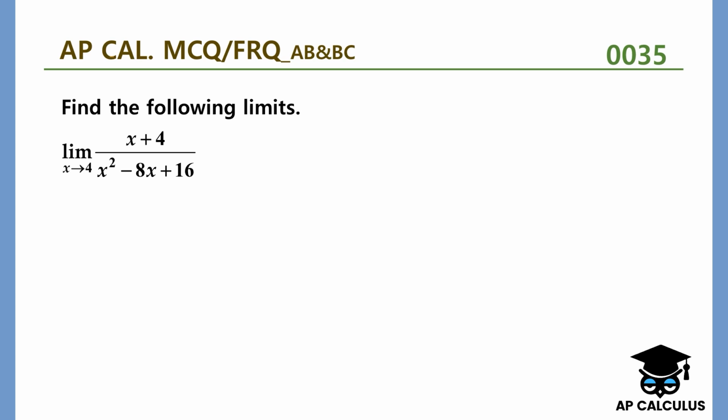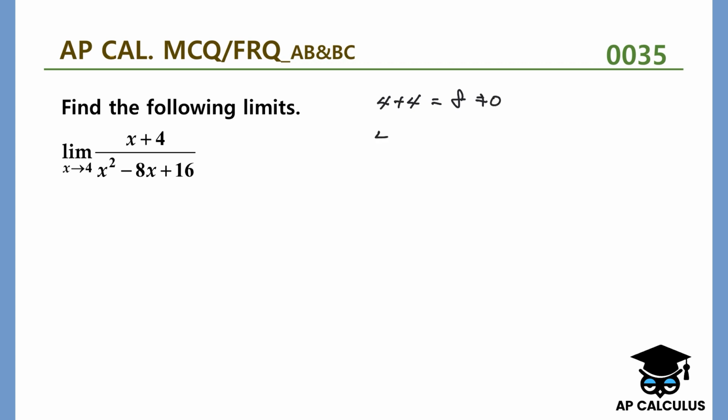Question 35. We have the limit as x approaches 4 of x plus 4 over x squared minus 8x plus 16. I'm going to substitute 4 for x in this expression. We have 4 plus 4 in our numerator, which is equal to 8, not equal to 0.